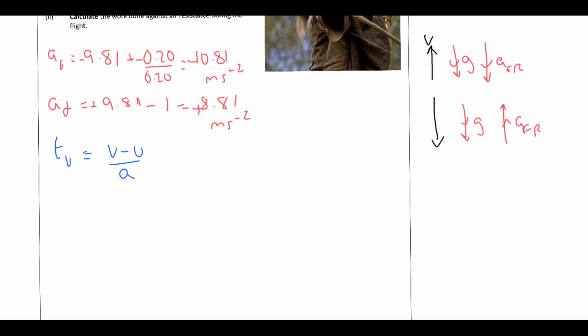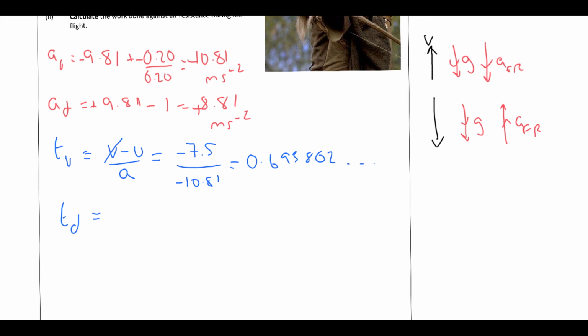When it reaches the top, v is going to be 0, so it's just going to be minus 7.5 divided by minus 10.81, which, if we plug that in, gives a value of 0.69382.